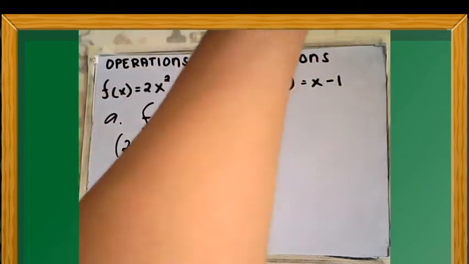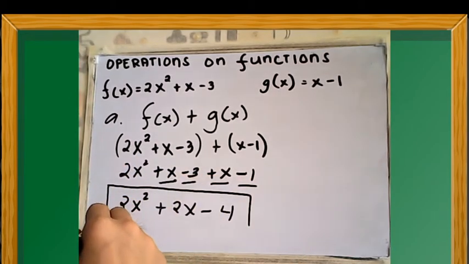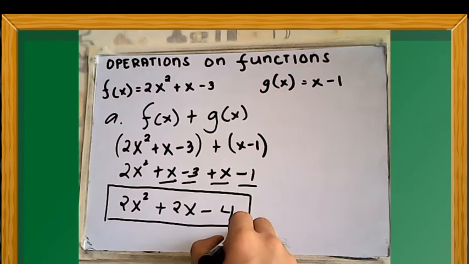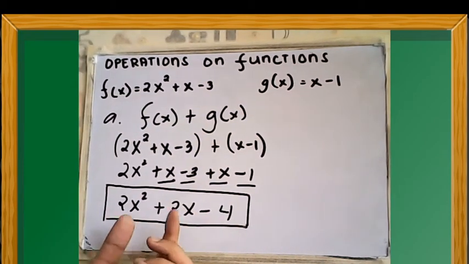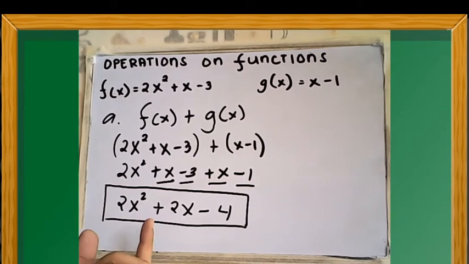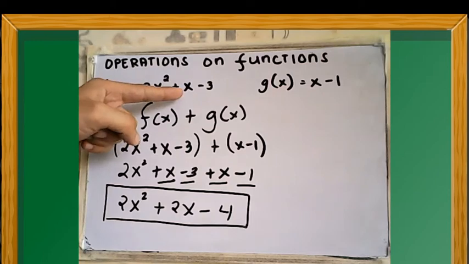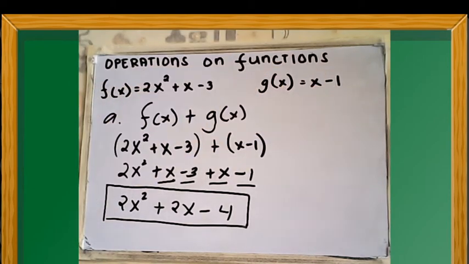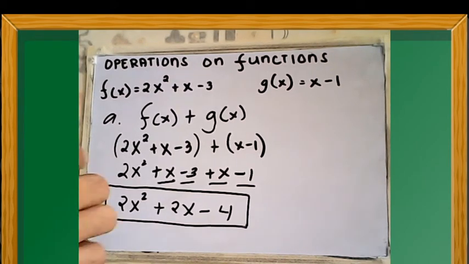So the final answer is this. Since we cannot simplify this anymore, this is already the simplest form. We cannot combine any terms. So this will be our final answer for letter A. So if we add 2x squared plus x minus 3 and x minus 1, the sum is 2x squared plus 2x minus 4.